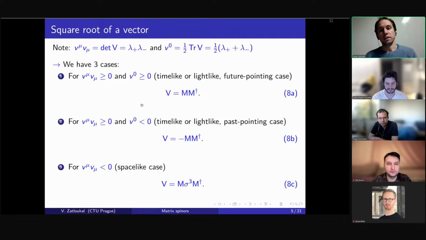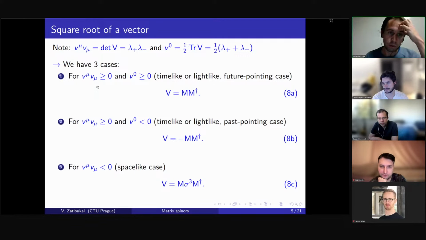So we can then phrase those 3 cases in terms of different cases for the space-time vector v mu, and it can happen that, say, for both eigenvalues being positive, we get a 4-vector which is time-like or light-like.